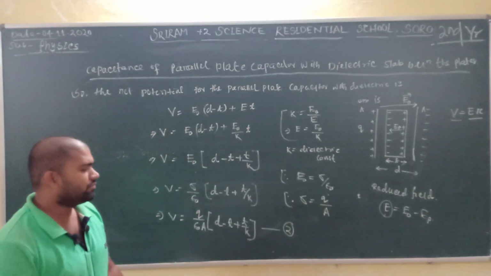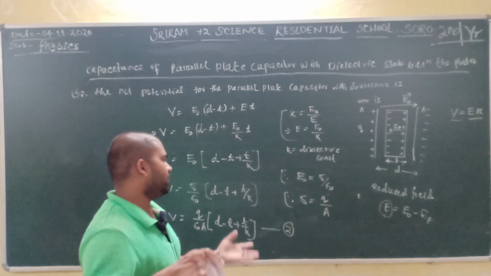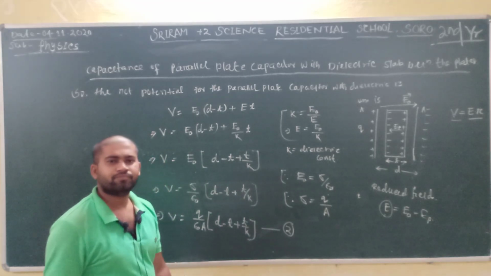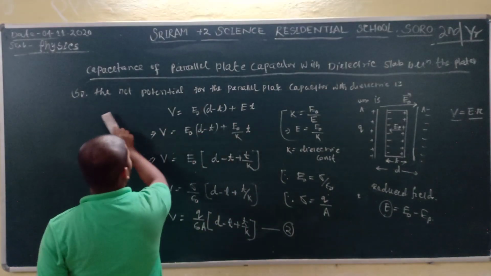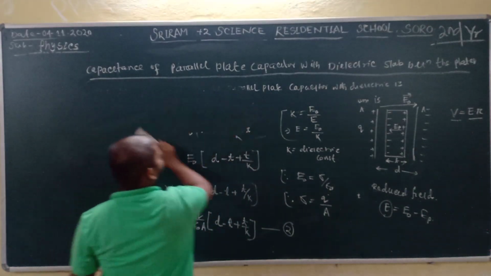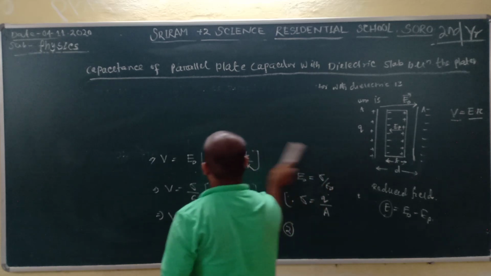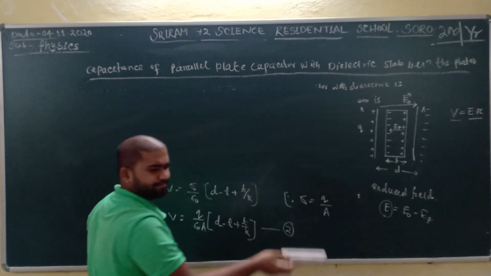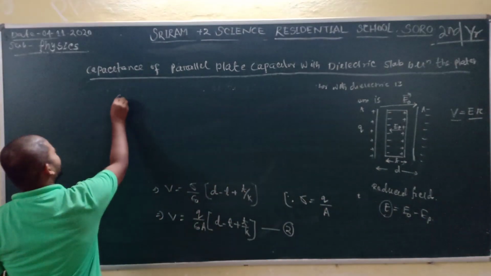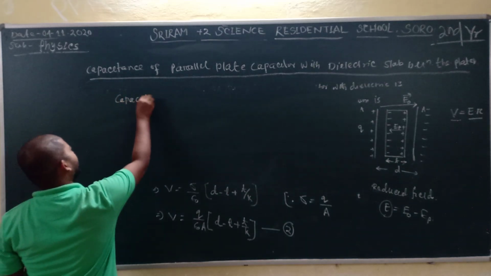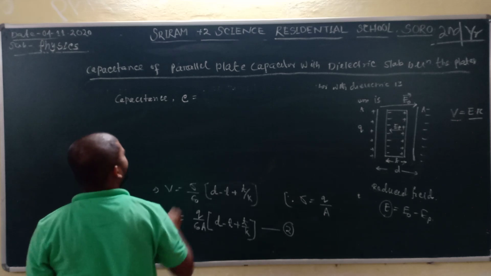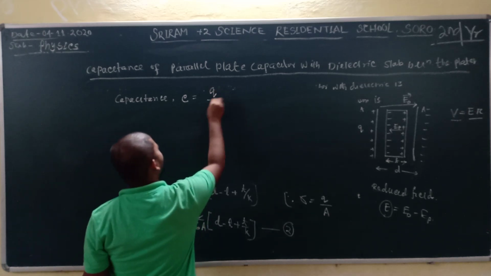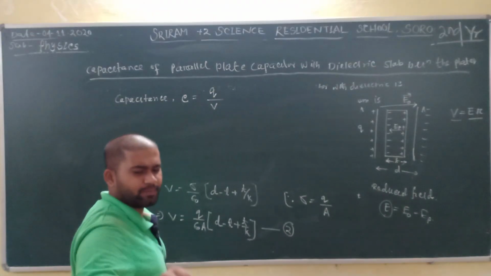Understand? So, what will be the value of capacitance? We know capacitance is charge divided by electric potential. Okay. So, the capacitance in between the plates of the capacitor, C equals Q divided by V. V is the net potential.